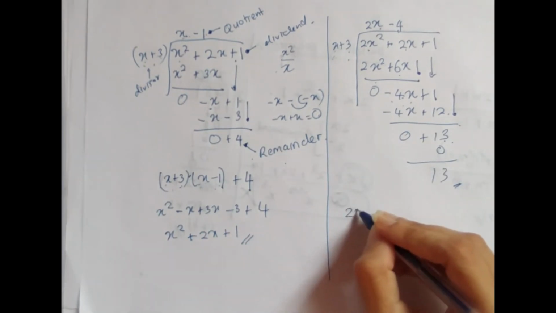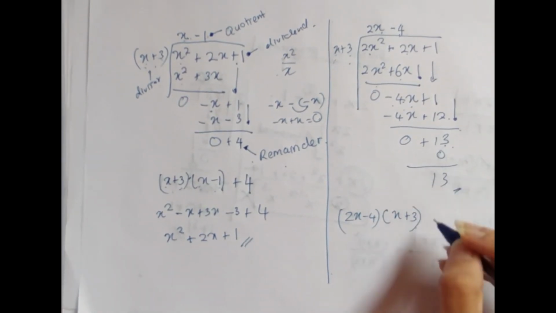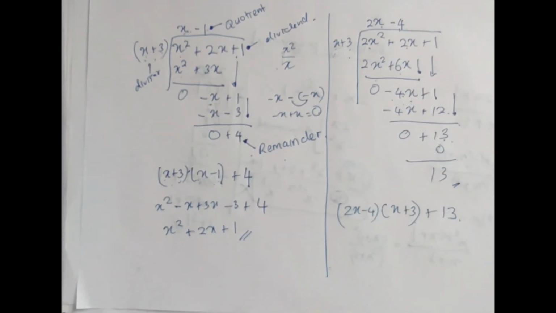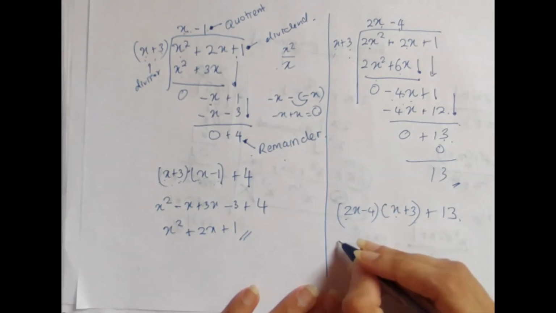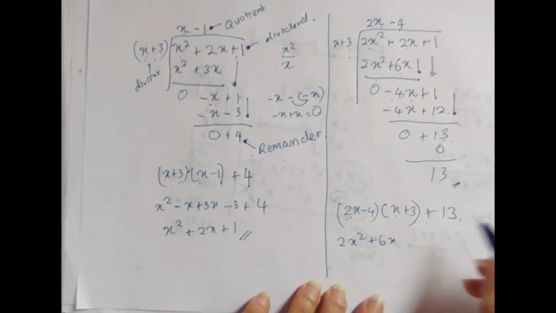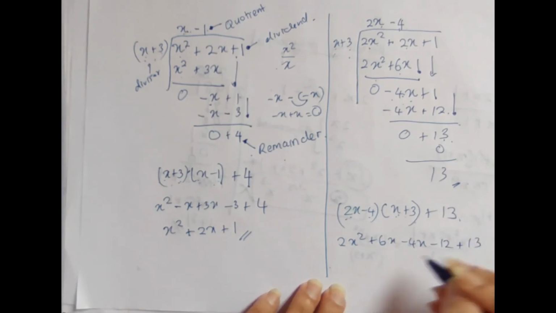Then if I multiply 2x minus 4 by x plus 3 and add 13, I must get the original expression. 2x into x is 2x squared, 2x into 3 is 6x, minus 4x, minus 12, plus 13.